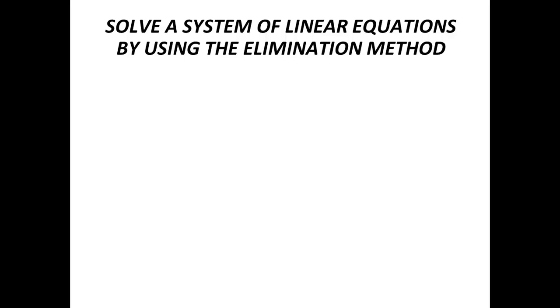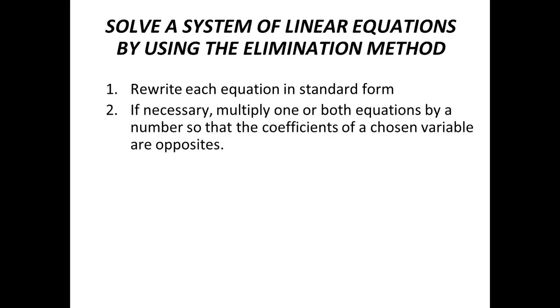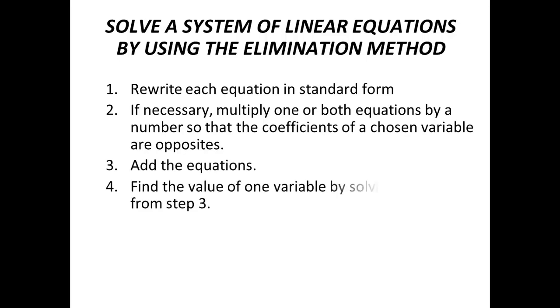Solving a system of linear equations by using the elimination method. A summary. Rewrite each of the equations in standard form. If necessary, multiply one or both equations by a number so that one of the variables can be eliminated from the system. Add the equations. Simplify by using algebra.